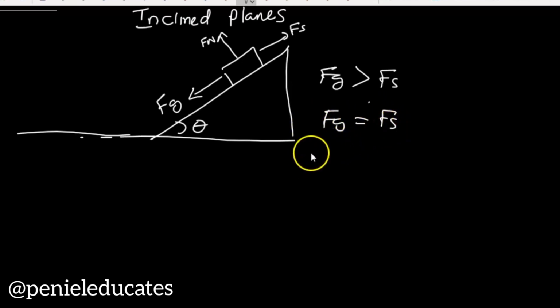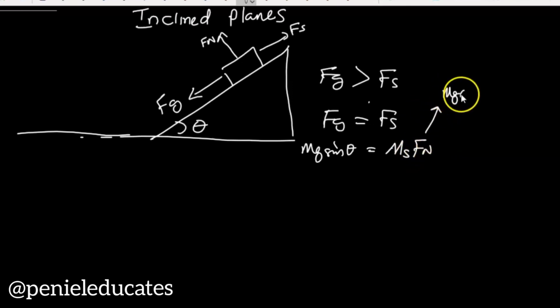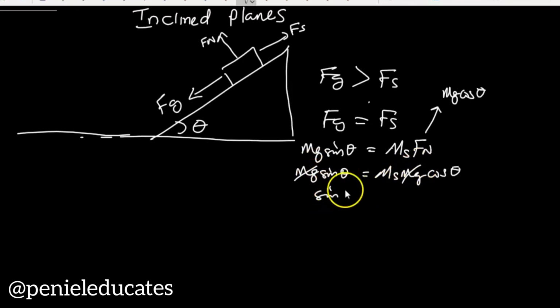Our Fg is mg sine theta, and our Fs is mu s times Fn, but our Fn is mg cos theta. So we have mg sine theta equal to mu s mg cos theta. We can cancel out our mg, so we have sine theta equal to mu s cos theta.